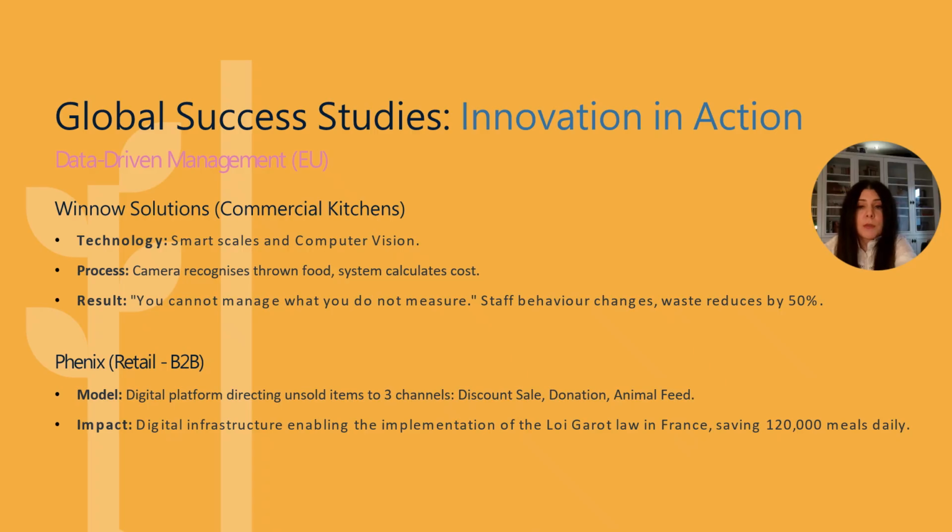A three-channel structure: sell, donate, turn into animal feed. This is the digitized version of the waste hierarchy, saving 120,000 meals a day. This is possible not just with good intentions, but with a robust software architecture.